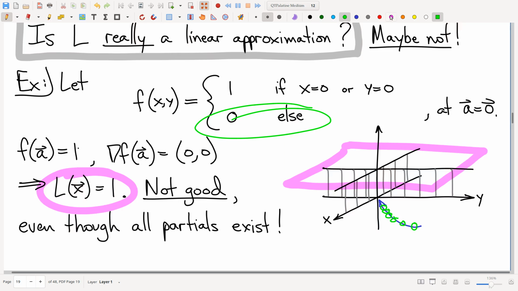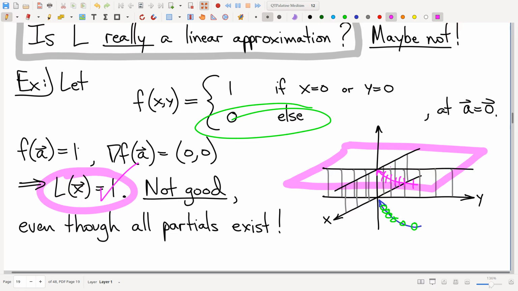But what would like to call itself my linear approximation is always 1 as I do that. Is a whole bunch of 1s a good approximation of a whole bunch of zeros? No. Ridiculous. Clear garbage, failure. That formula we wrote down a couple pages back does not work here.